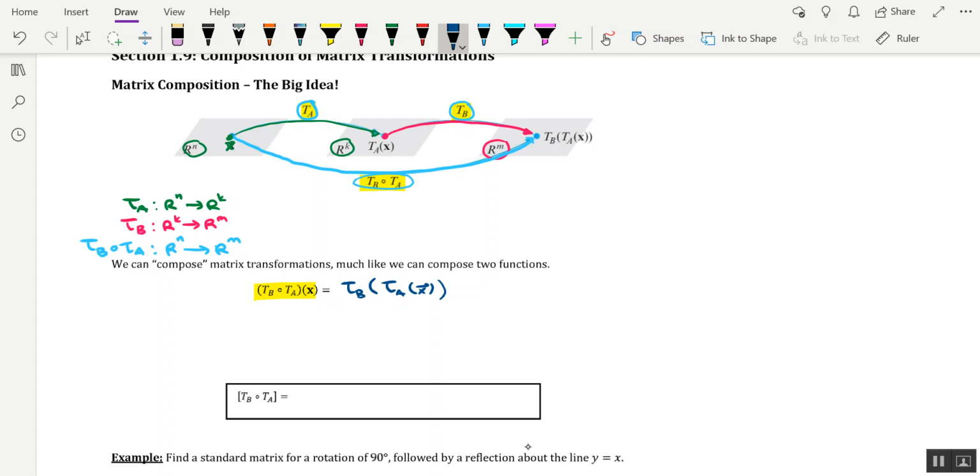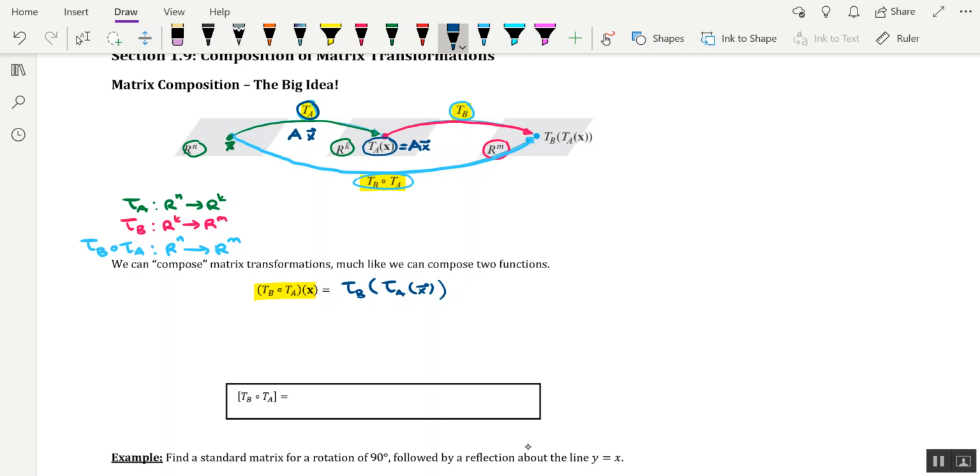In order to take the vector x from n space to k space, we're applying this transformation capital T sub A. Now it is a matrix transformation, so what this means for us is that in order to transform the vector x, we have to multiply on the left by the matrix A. So the vector that results from that is T sub A of x, which we can now write as A times the vector x.